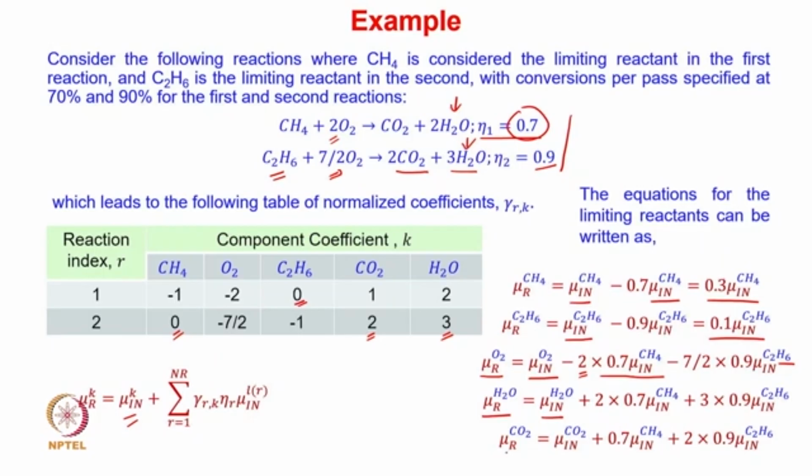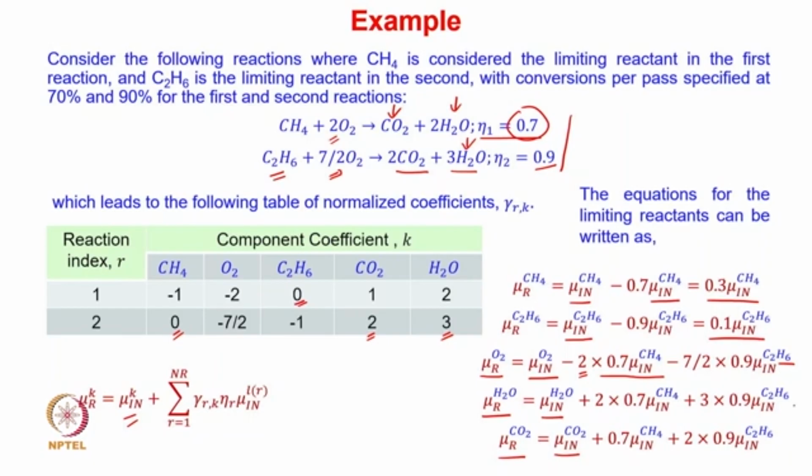And the last component balance is for CO2. So mu r CO2 is nothing but the molar flow rate of CO2 coming out from the reactor, given as mu in CO2, that is the molar flow rate of the CO2 coming in the reactor, plus CO2 is getting produced in the first reaction, so that becomes 0.7 into mu in CH4 plus 2 into 0.9 into mu in C2H6.